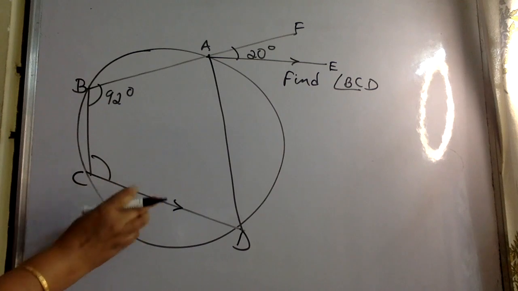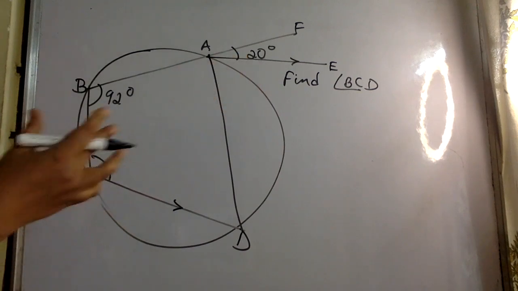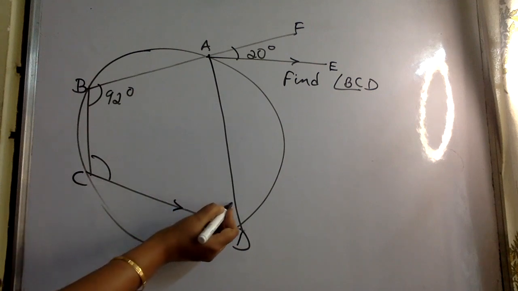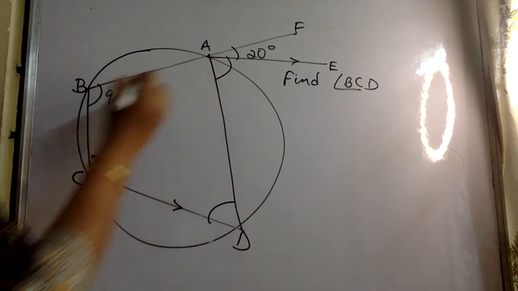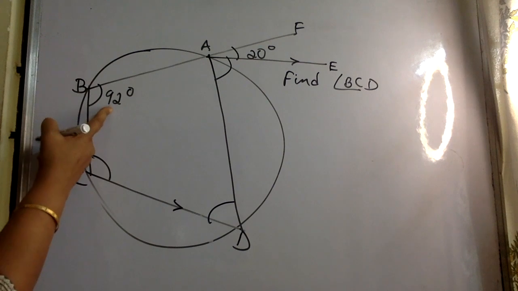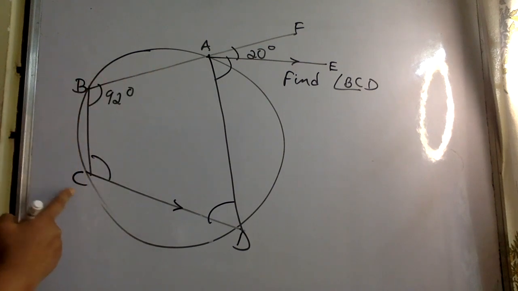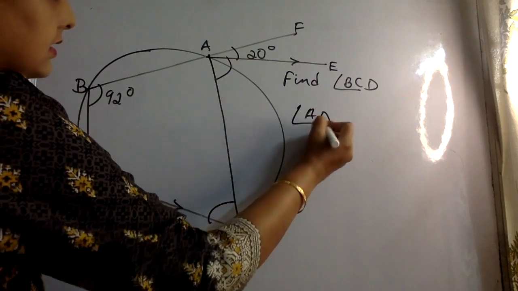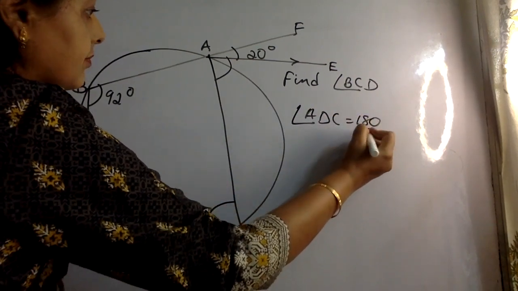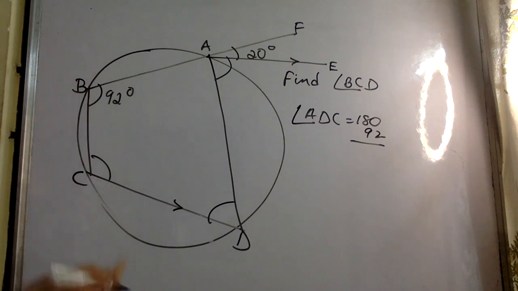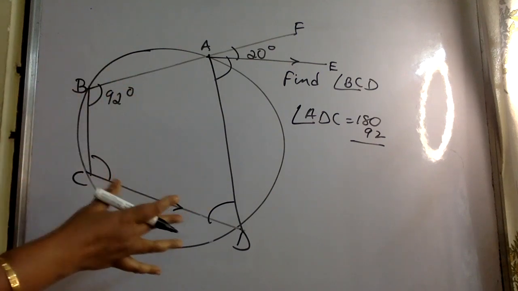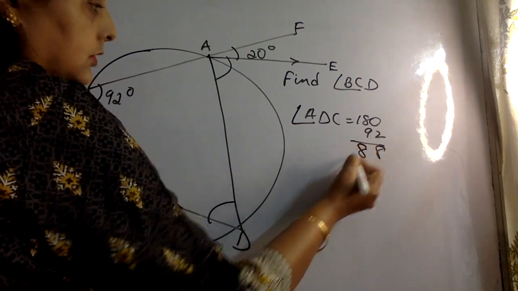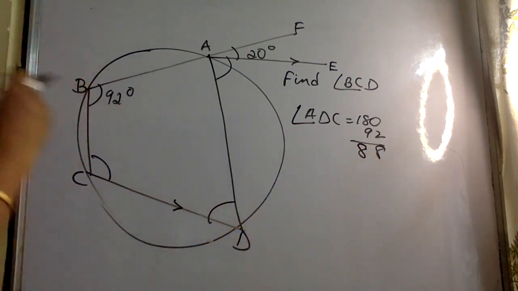The very first thing, if they have given us these parallel lines, it is for a purpose. So if angle ABC is 92, then angle ADC will be 180 minus 92, as you know, opposite angles of a cyclic quadrilateral are supplementary. That comes to 88 degrees.